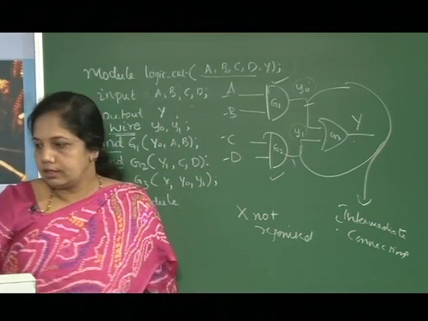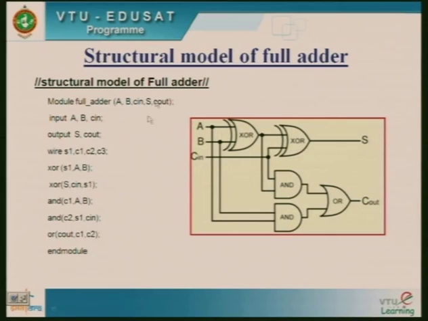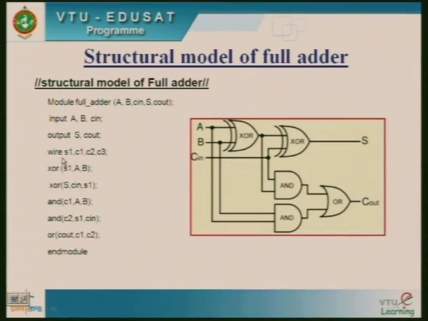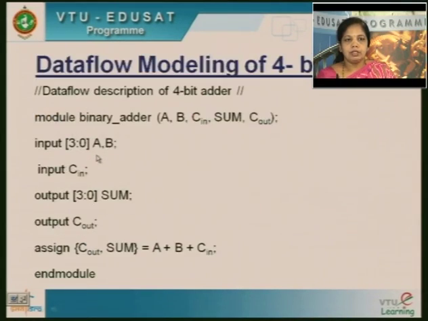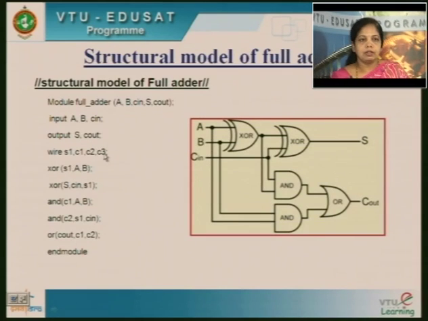So let us discuss. For full adder, I am using wire here: S1, C1, C2, C3. C3 is not used here. So first XOR gate, as I said, XOR is a keyword. So I will be declaring now the functionality.